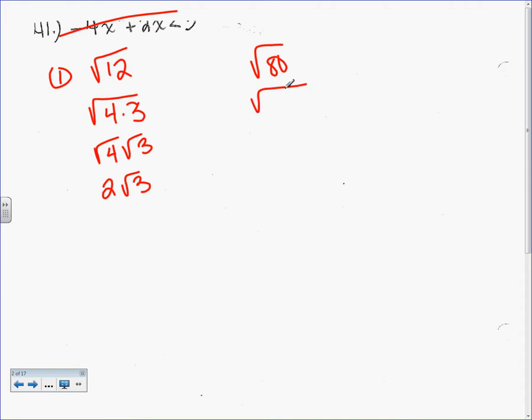So yeah, 10 goes into it, right? But 10 is not a perfect square, so I don't want that one. So 16 goes into 80 how many times? 5. So you pull them apart. So it's 4 square root of 5. Do you understand that? Did anyone pull out a 4 instead and you were left with the 20? No. Okay, never mind. Good.